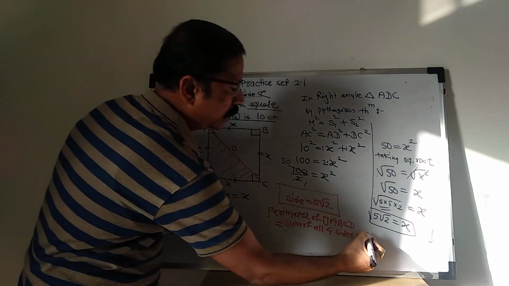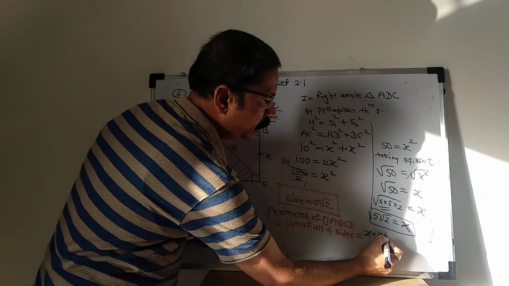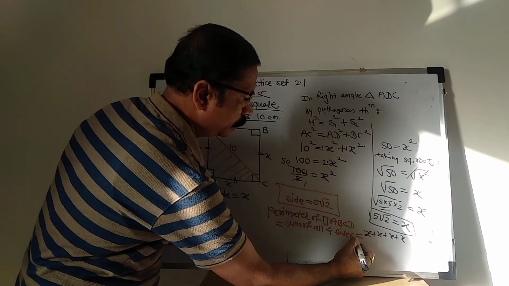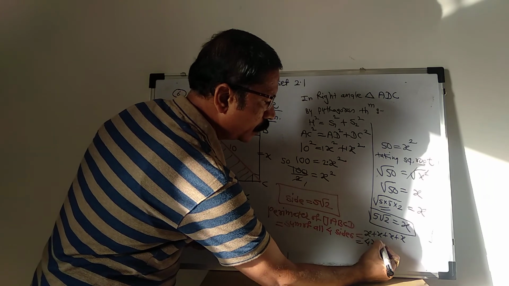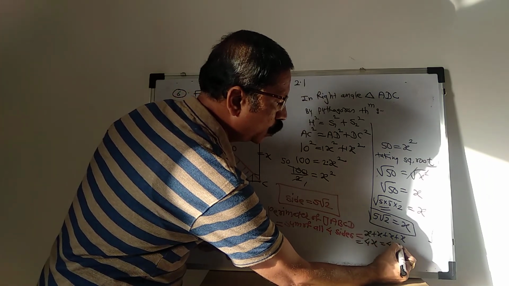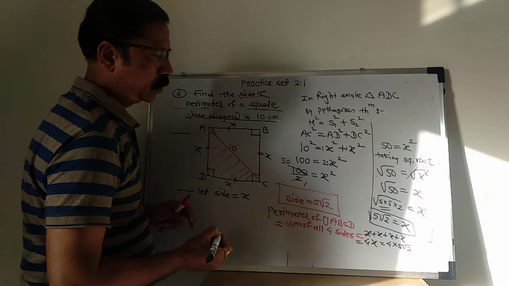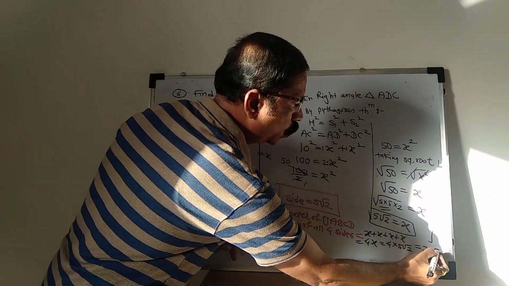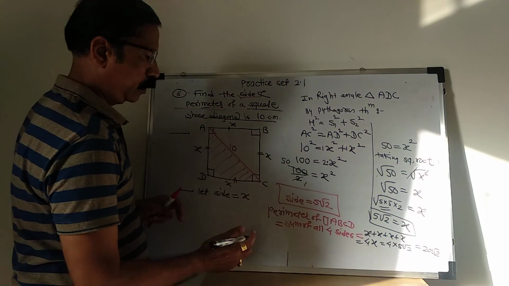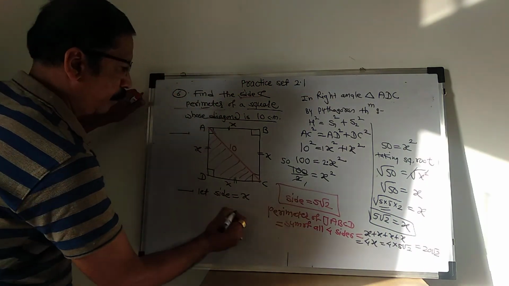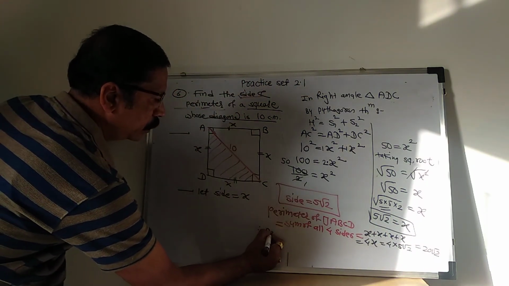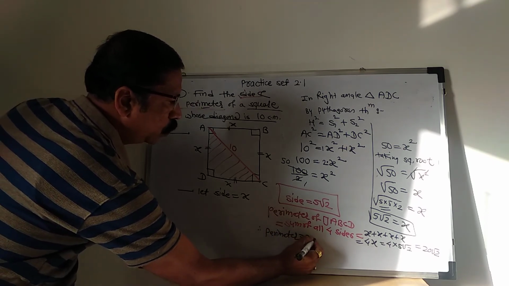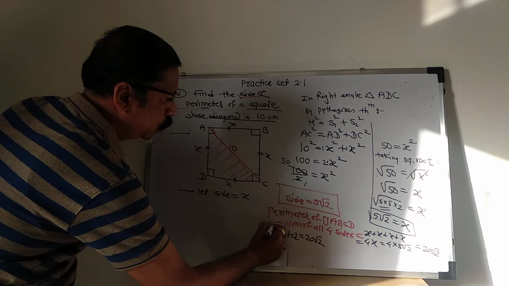All 4 sides are the same, that is x plus x plus x plus x, that is 4x. So here 4 into 5 root 2 gives you 4 fives are 20 root 2. Therefore perimeter is equal to 20 root 2.